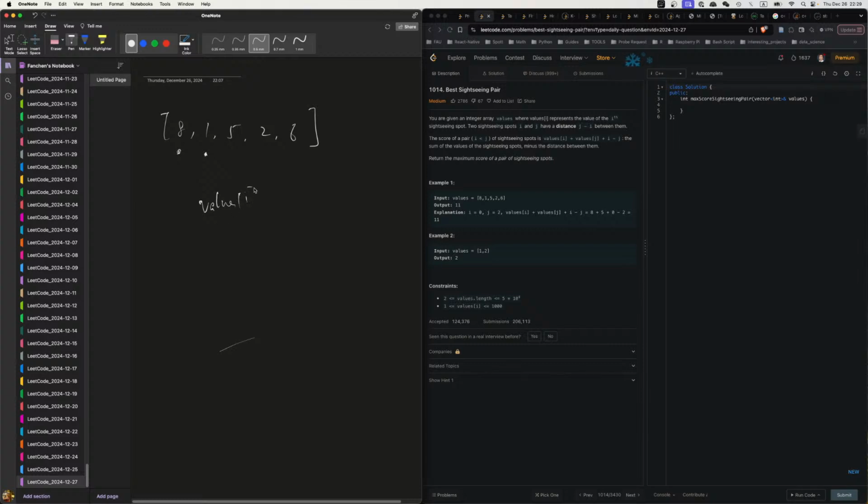Values[i] plus i minus values[j] plus j. So we transform 8, 2, 3, 0, 1, 2, 3, and 4.